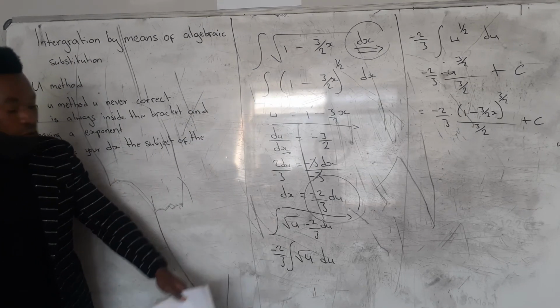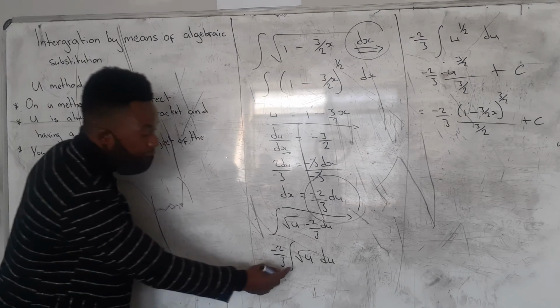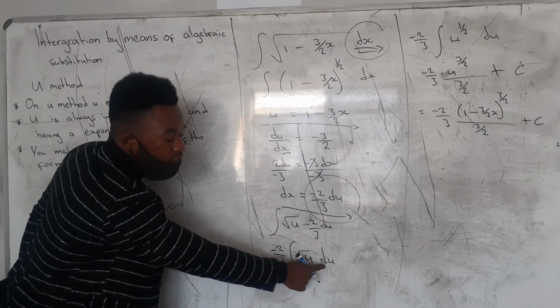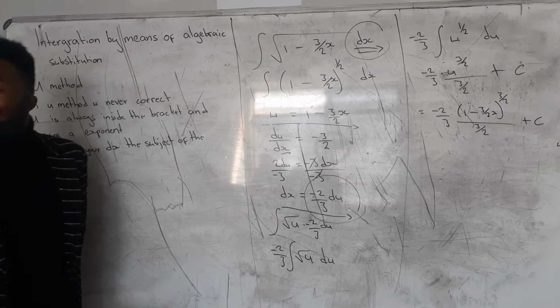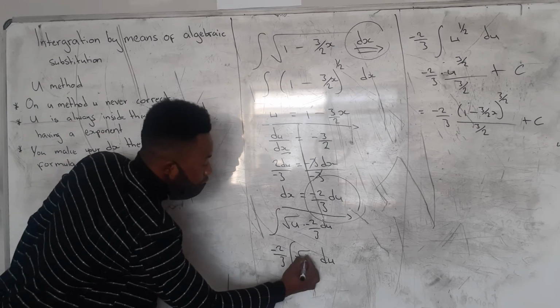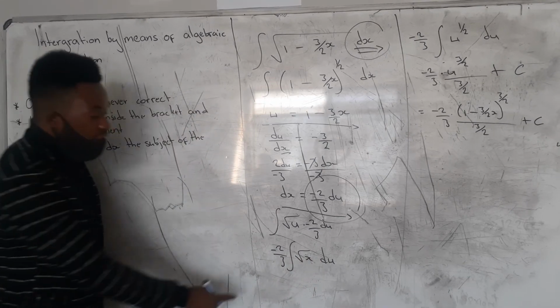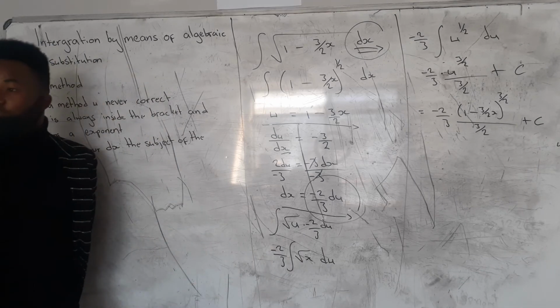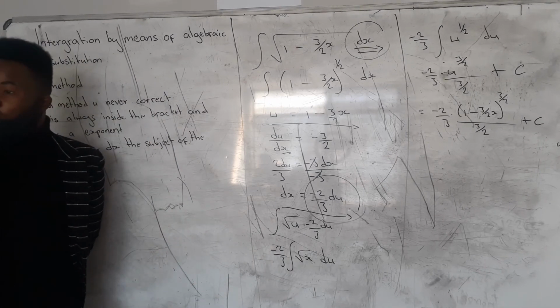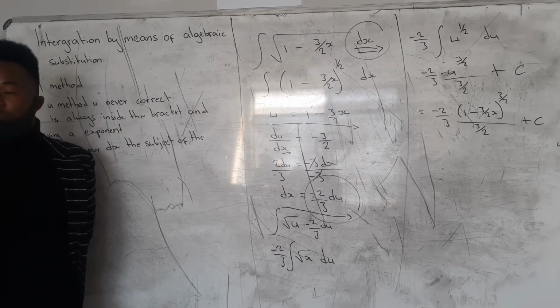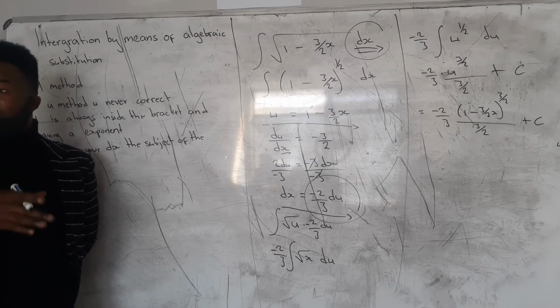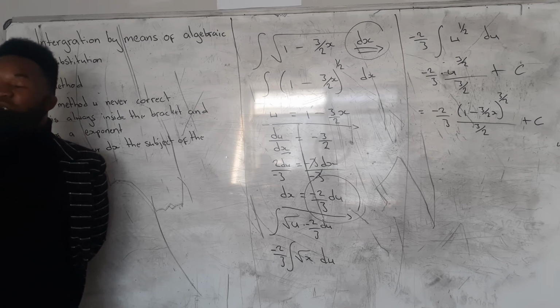I want to integrate. So on my integral side, if I'm integrating in terms of du, I must have u. There's no way I can have, let's say, x. You cannot integrate this because you are integrating in terms of du. So you must have the value of u. Remember when we're doing differentiation, whereby I said when you're derivating in terms of dx and you have y, what is your differentiation?